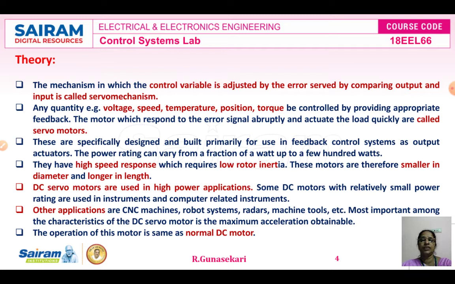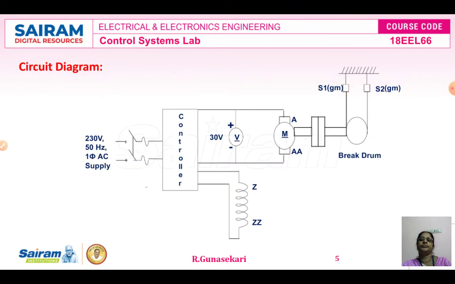They are CNC machines, robot systems, radars, machine tools, etc. The most important among the characteristics of DC servo motor is the maximum acceleration obtainable. The operation of DC servo motor is the same as a normal DC motor.